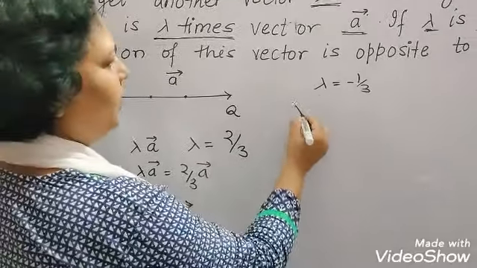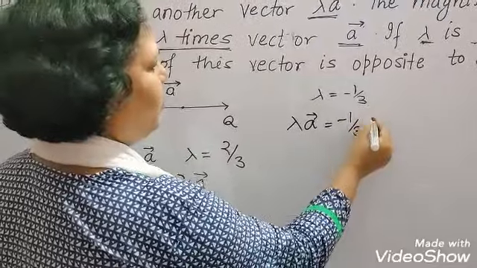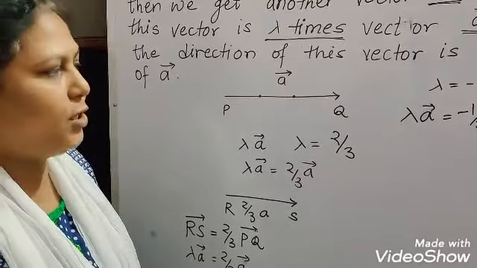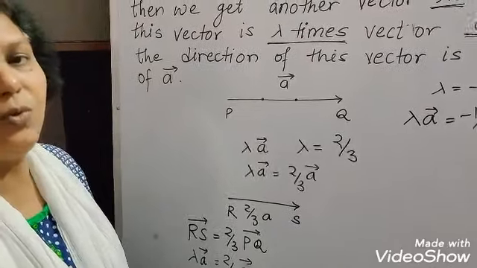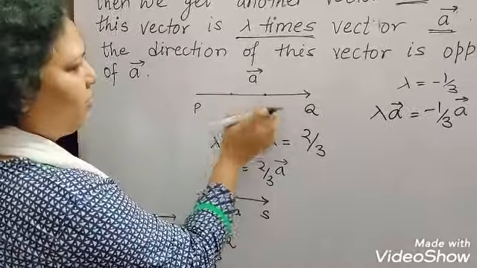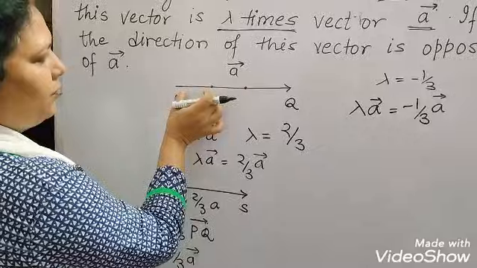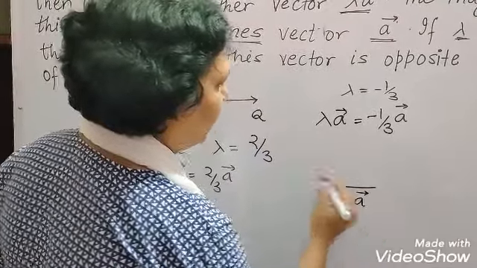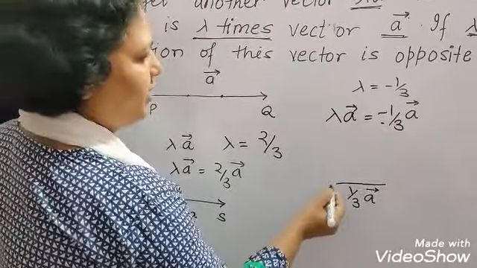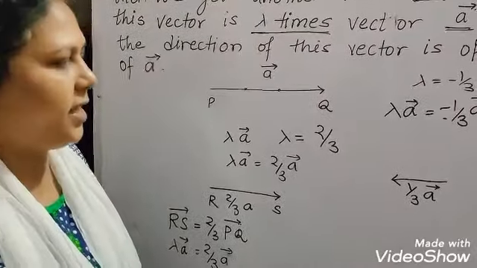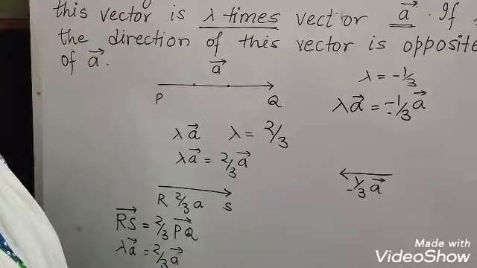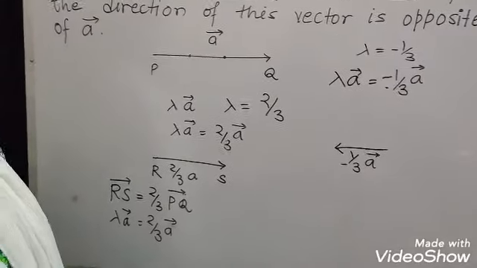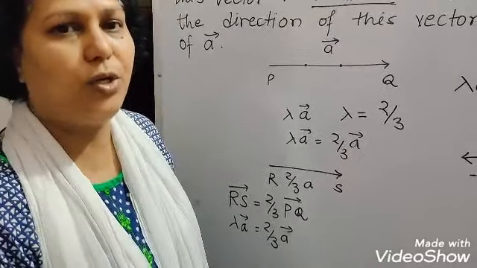So this time lambda A is equal to minus 1/3 A. Now this vector must be opposite to vector A, and the magnitude of this vector is 1/3 of the magnitude of vector A. Already we have divided this line into 3 equal parts, so one part of this line segment will represent 1/3 of vector A. And because the negative direction is there, the vector will be in the opposite direction, and it will be represented in this way, minus 1/3 A vector.